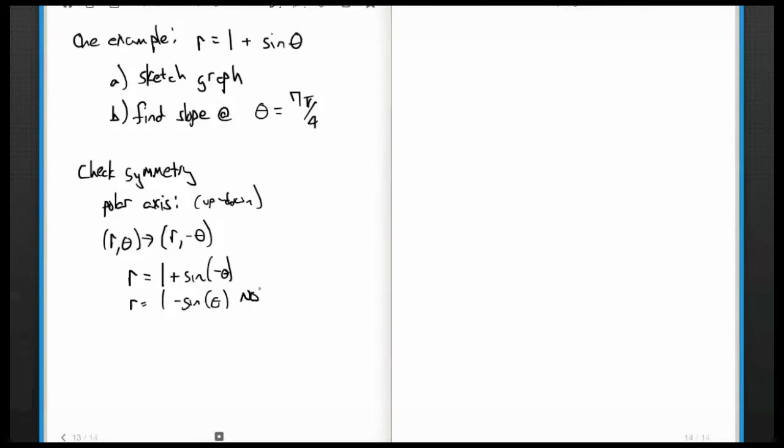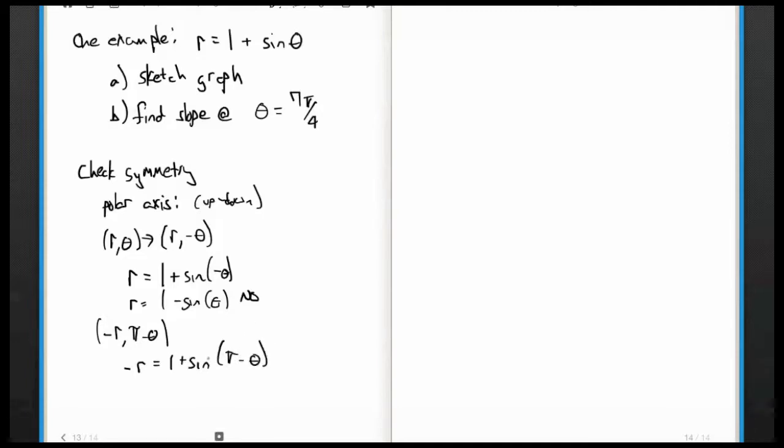And likewise, we can try putting in a negative r and the supplement, pi minus theta. So we say negative r equals 1 plus the sine of pi minus theta.